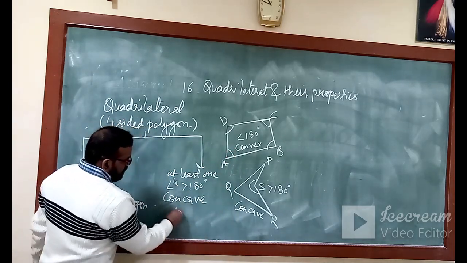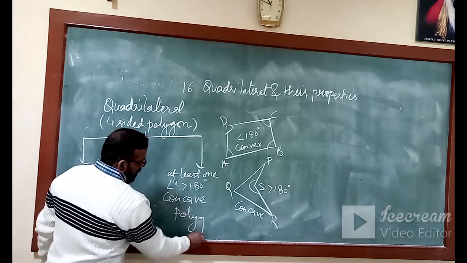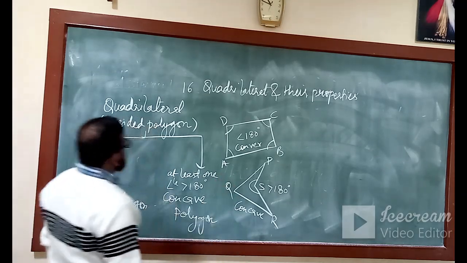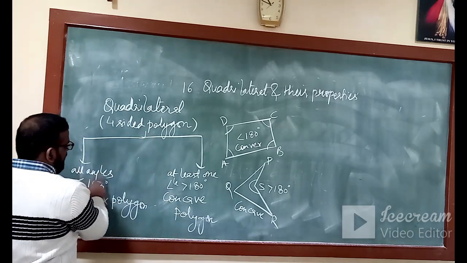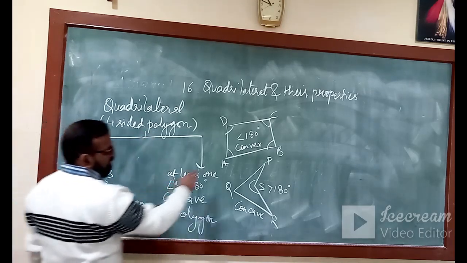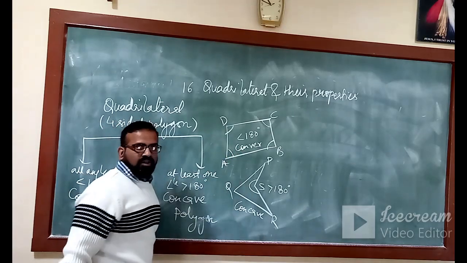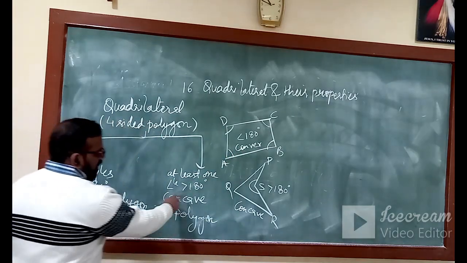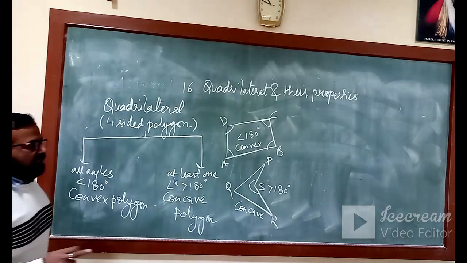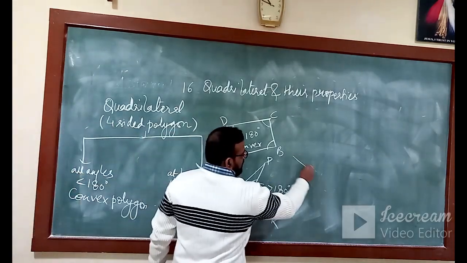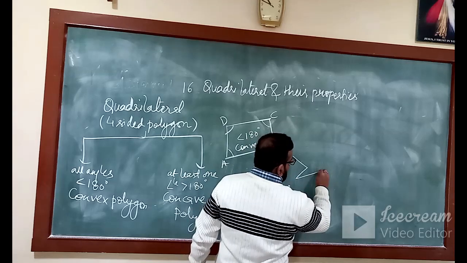So a polygon can be of two types. Either it can have all the angles less than 180 degree, for example, this convex quadrilateral. Or it can have at least one angle, it can have more than one angle, greater than 180 degrees. Suppose I construct a figure like this.